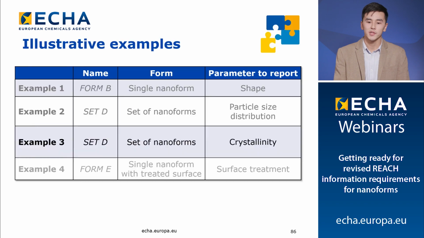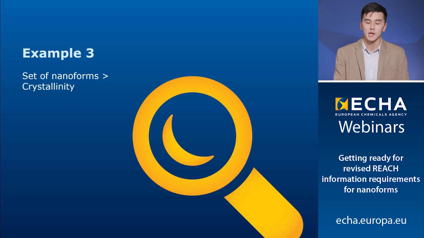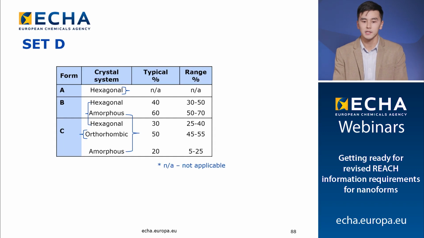In the illustrative example number 3, we will report the parameter crystallinity, also for the set D. Here you can see the table with the data on the crystallinity for the forms of the set D. As you can see, the form A has particles with only hexagonal crystal system.